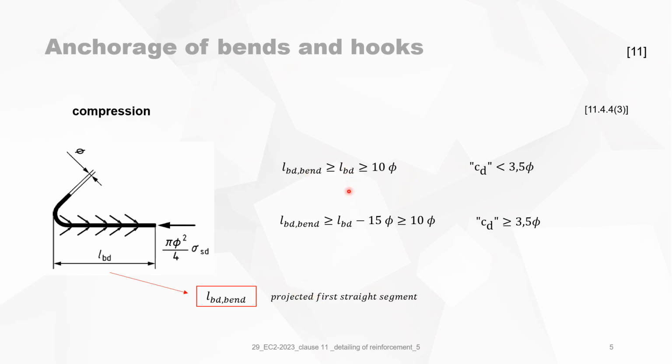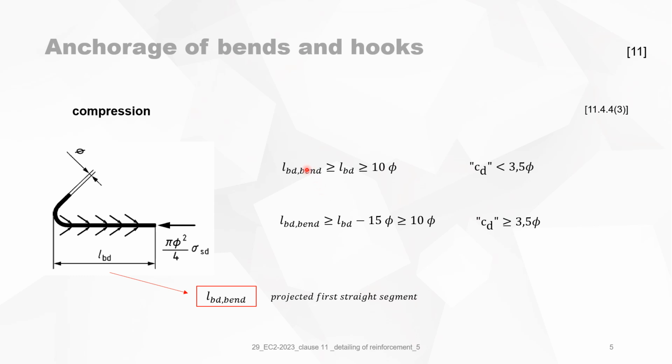For compression, LBD bend must be bigger than LBD, which is logical, and must be bigger than 10 phi. And this is in the case when the nominal concrete cover is smaller than 3.5 phi. I put it between brackets because it's not only Cx and Cy that play a role, but also Cyx, which is the cover on this portion here. And when this cover is bigger than 3.5 phi, then you can use this formula.